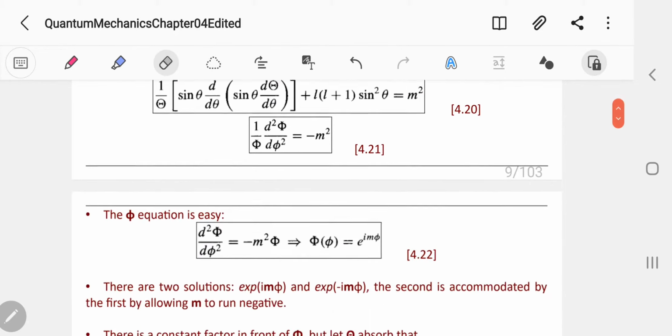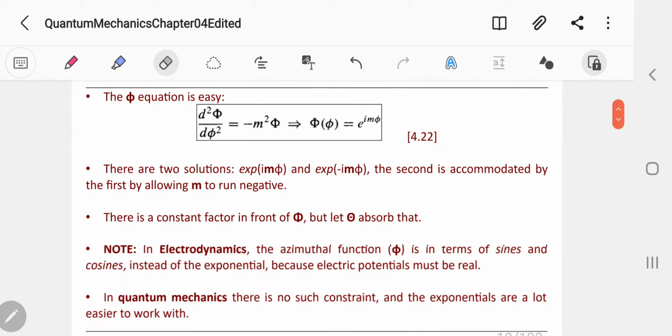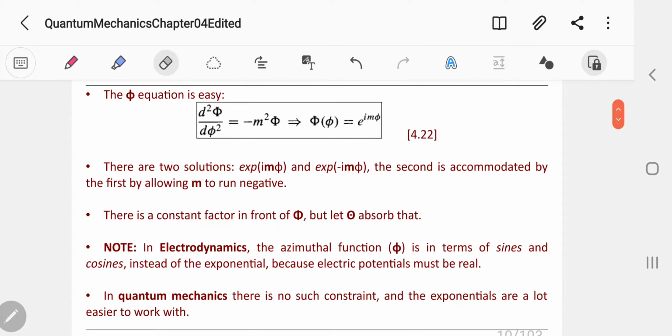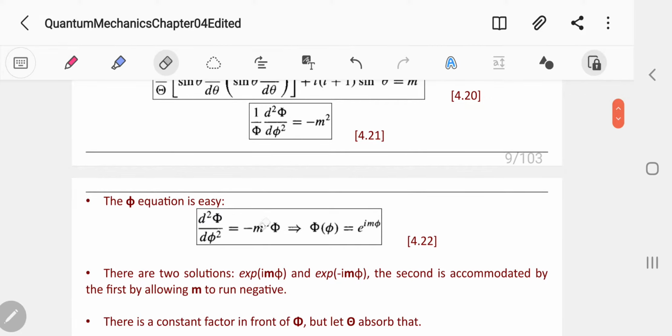So you can now get the solution. The phi equation is trivial because we know the solution of this. This one would just be equal to this expression, and then when you integrate twice with respect to d phi, you will get phi equal to this.